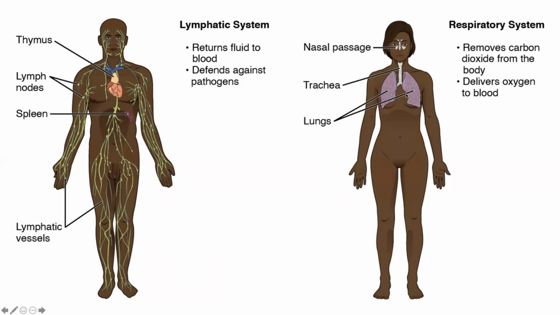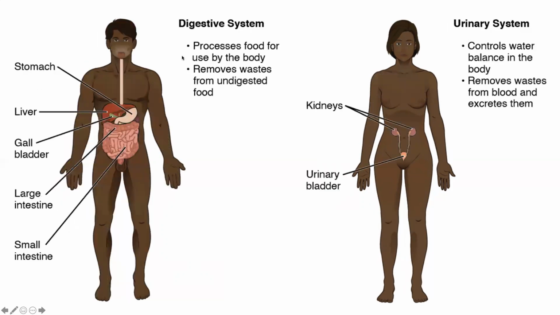The respiratory system is our breathing system. The digestive system, also called the gastrointestinal tract, starts from eating, chewing, swallowing, stomach, intestine, digestion, absorption, and excretion. The urinary system includes the kidneys and the ureters, the tubes connecting the kidneys to the bladder so that the urine made in the kidneys can flow to the bladder.